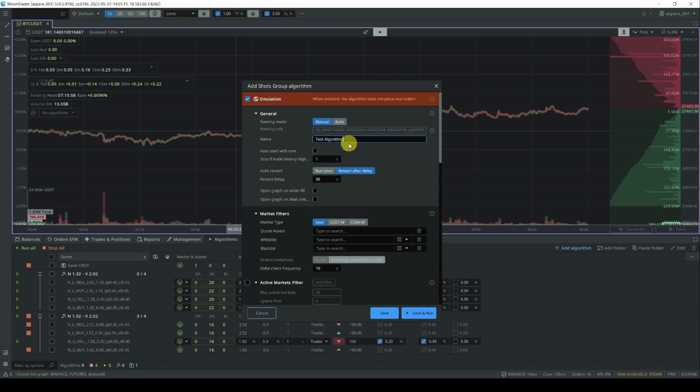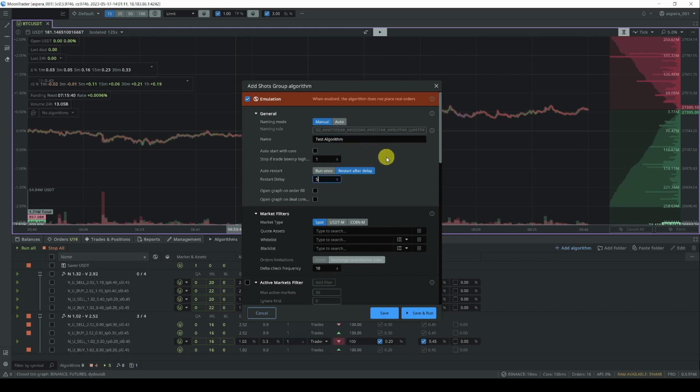Right. Now, how to start with core. No, we won't do that. I'll just go through the main ones that I think would be essential, that you cannot do without. So restart delay, let's make it a small delay.